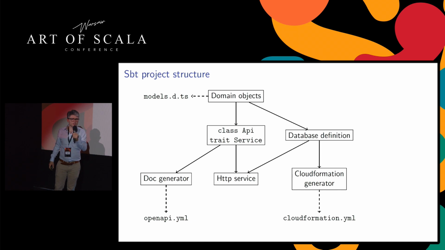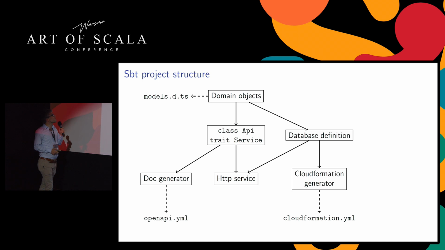Well, let's look at what the project structure looks like now. So here we see that the domain objects are still at the top of the hierarchy. The database definition depends on that, because you cannot define the database if you do not know what is stored in it. The HTTP service depends both on the database definition and the endpoints. We also have a CloudFormation generator.